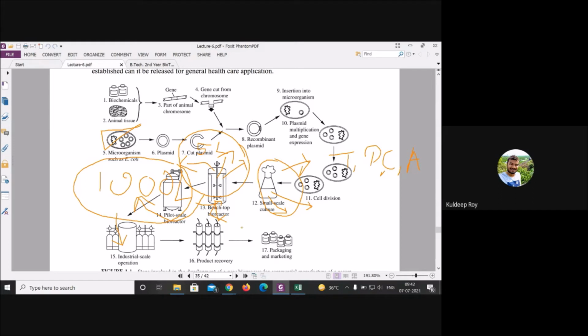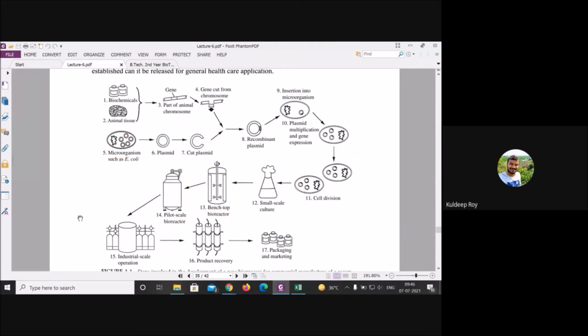So there will be a difference in the product. If you are looking for the same quality and quantity of product, you have to tune all the parameters based on your experience and fundamental knowledge. Okay, this is how you approach from laboratory scale to industrial scale. These are the steps.